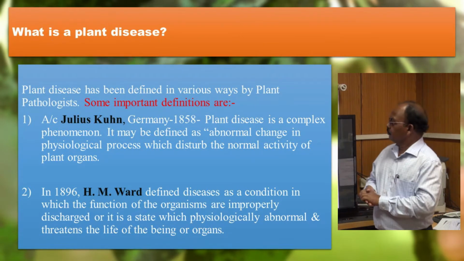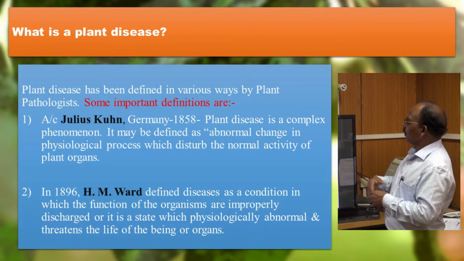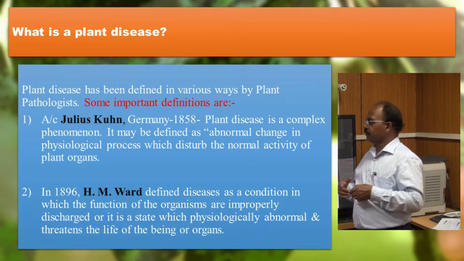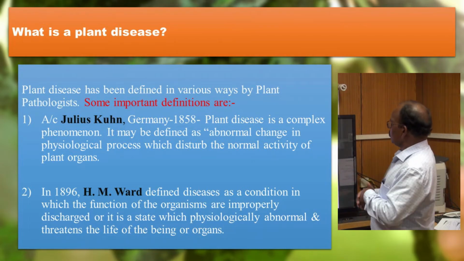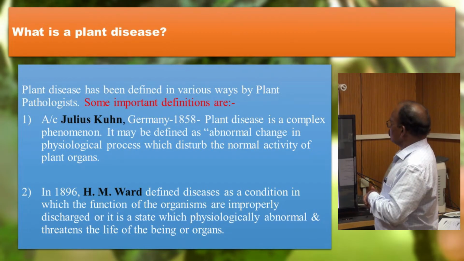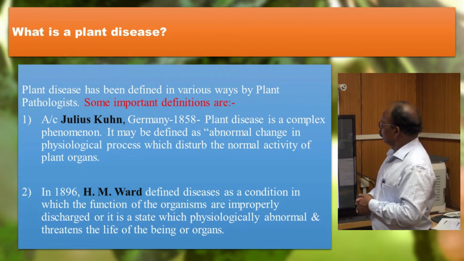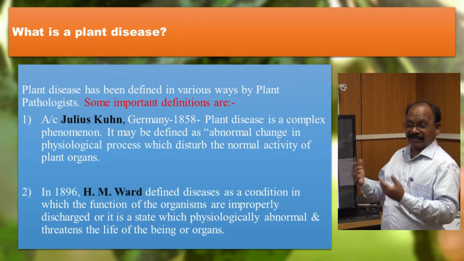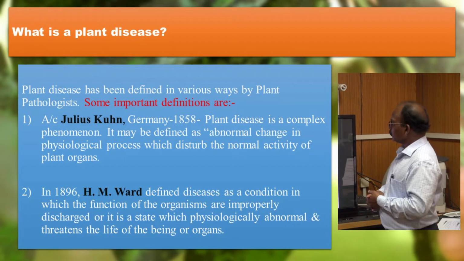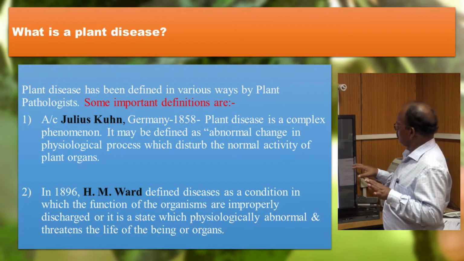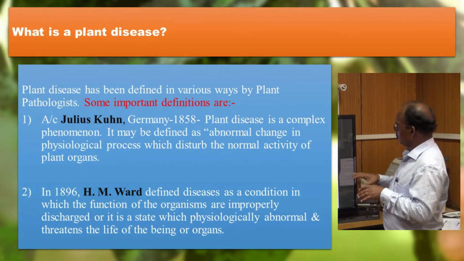Plant diseases. What is a plant disease? Plant disease has been defined in various ways by different plant pathologists. A plant pathologist is a professional who specializes in plant health. There are some definitions which are given by different scientists.